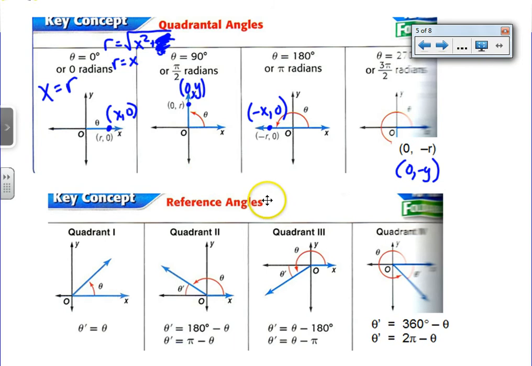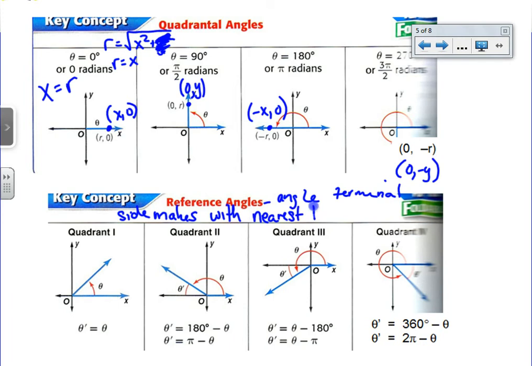And the reference angle is the angle that we're going to call the terminal side. That means where it ends. The angle the terminal side makes with the nearest horizontal axis.